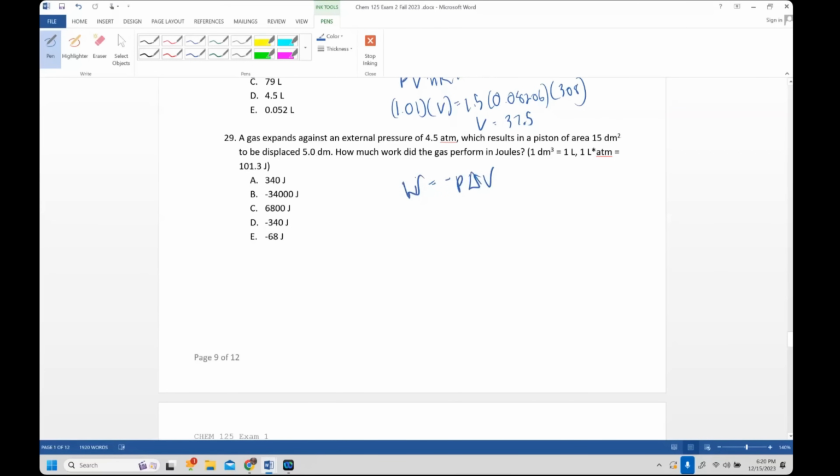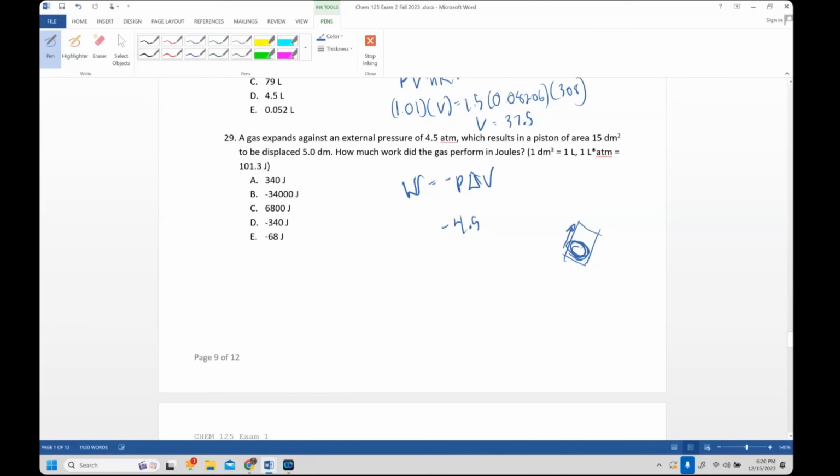Okay. So we have an external pressure of 4.5. The question is, what is our change in volume? So we have a piston. A piston looks like this. This is the cylinder, and you have a circle in the cylinder that will move up.